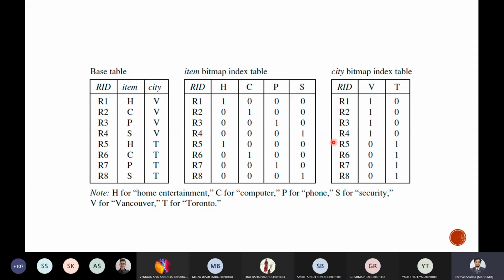So if the domains are low cardinality, you can use that as it is. If the domains you are dealing with are high cardinality, then you have to use certain compression techniques before you use this particular bitmap thing.